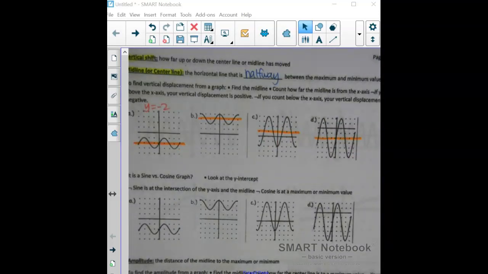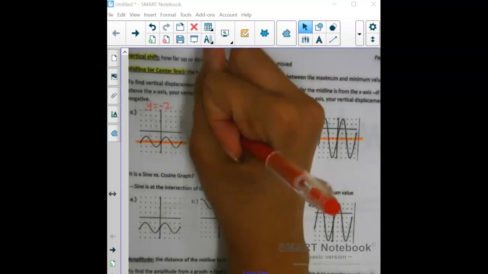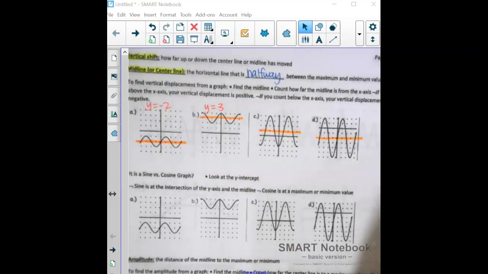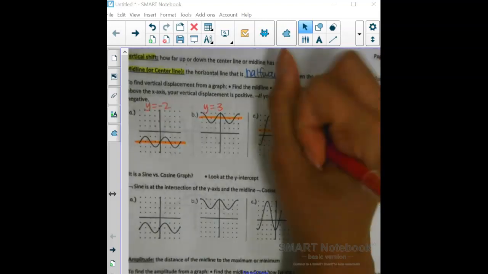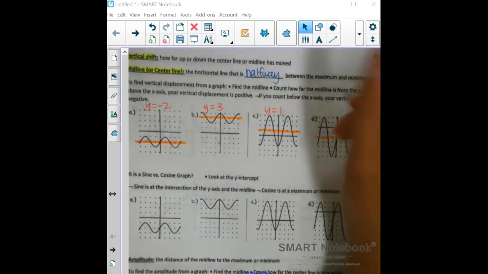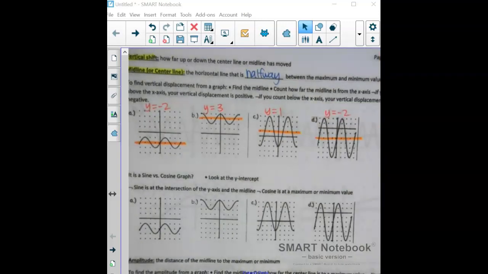Heidi, what's the equation you got for graph B? Y = positive or -3? +3. What about C? Y = 1. And then what about D? Y = -2. That's it.